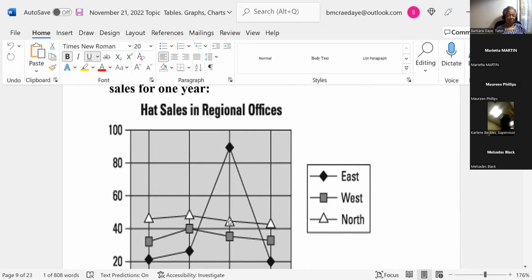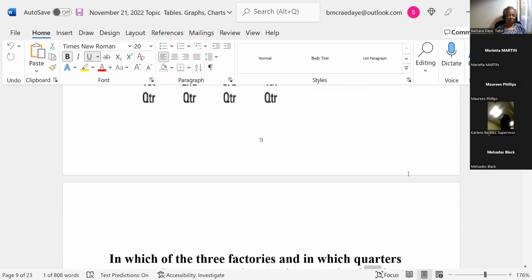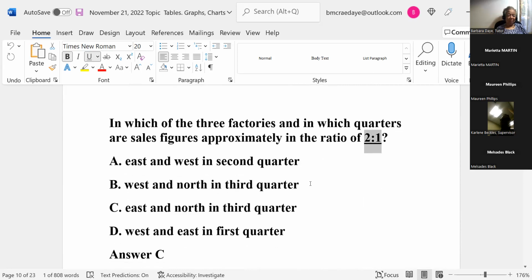Say about 44. This is between 80 and 90, but not quite 80. Well, let's say 84 and 42. And that's like 2 to 1, right? So you have this point and this point. This is north. This is east, right? So then you look, and that's in the third quarter. So that means north and east in the third quarter is C.